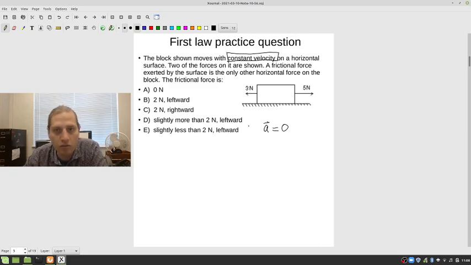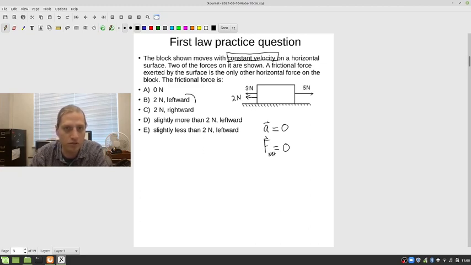Now, what does that mean? That means that the F net, the total force, is also 0. Okay? So if I have 5 newtons pulling this way, 3 newtons pulling that way, if I'm going to have the total force as 0, I've got to put another 2 newtons right there.